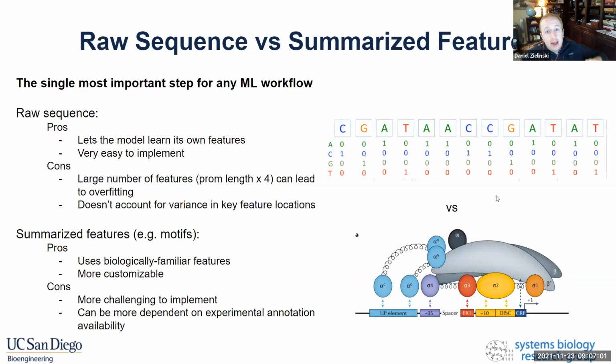Okay, so I wanted to get back to this point on raw sequence versus summarized features. The models I was showing there were a lot of one-hot models. So with one-hot, you just encode it like so. If it's a C, you just put a 1 there for C. Otherwise, zero.